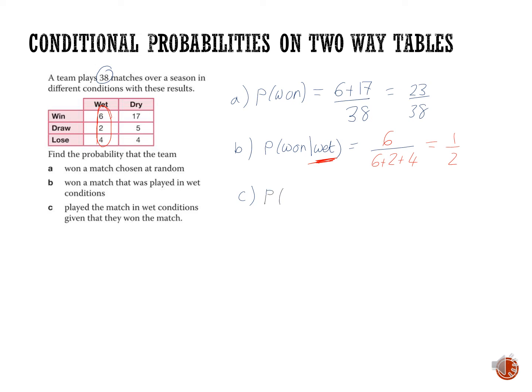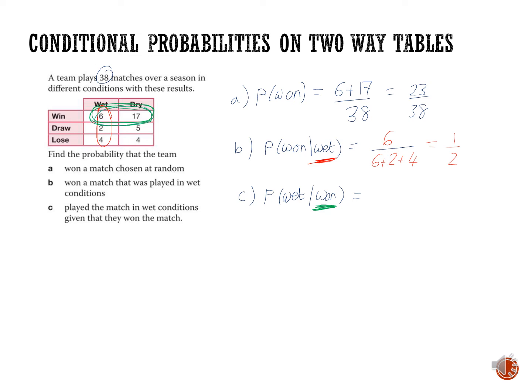Last part, what's the probability that they played the match in wet conditions given that they won? So we're going to do the probability that it was wet given that they won. So again, let's have a look. What's the given that bit? The given that bit is the bit given that they won. So this is the area of the table I'm concentrating on, this part here.